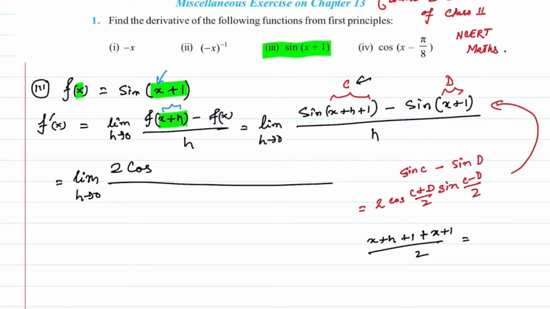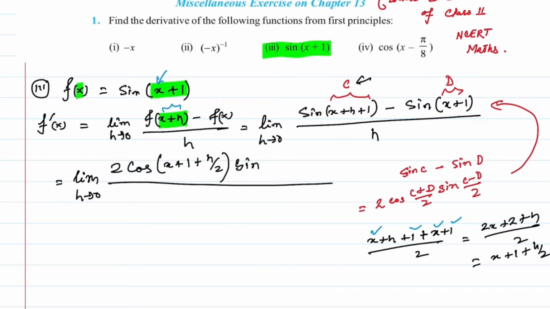Here x plus x is twice x, 1 plus 1 is 2. So twice x plus 2 plus h by 2, and it can be written as x plus 1 plus h by 2. So that's why it will be cos of x plus 1 plus h by 2 into sine of c minus d by 2.